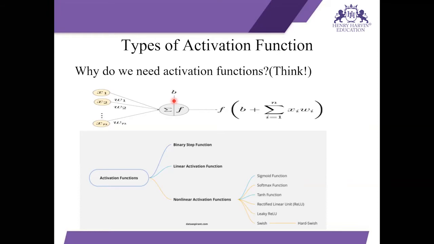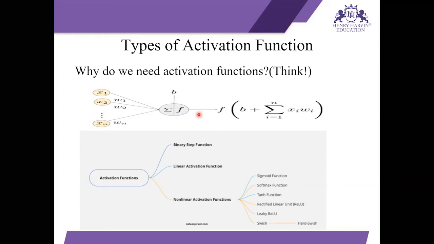It makes the neural network simpler, which makes it less powerful, so that we will not be able to learn the complex patterns from the data. If there is any question on this, you have to answer that a neural network without an activation function is essentially just a linear regression model.